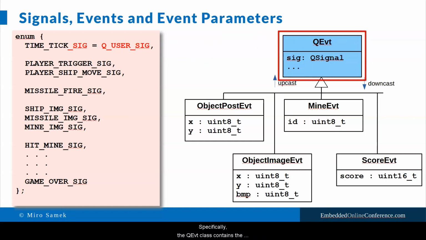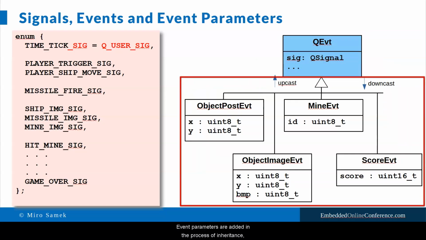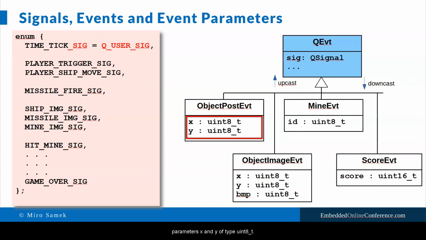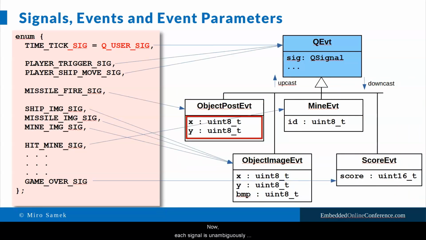Specifically, the QEvt class contains the sig attribute to carry the signal of the event. Event parameters are added in the process of inheritance, so for example, the ObjectPosEvt has parameters x and y of type uint8_t.